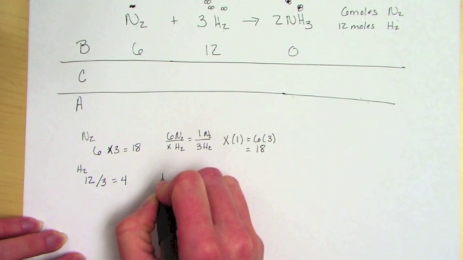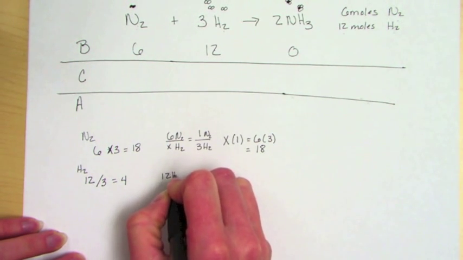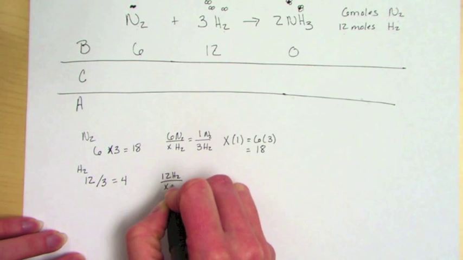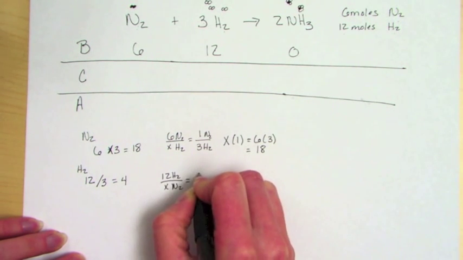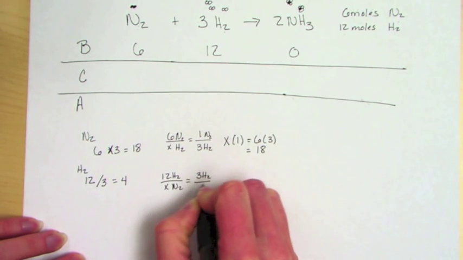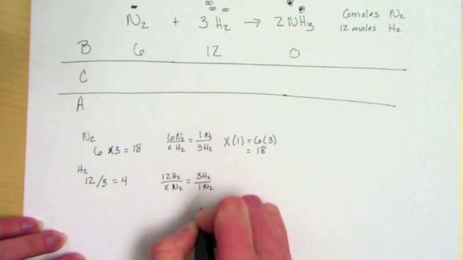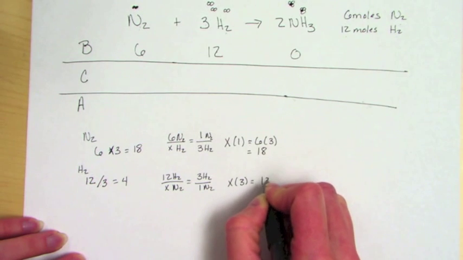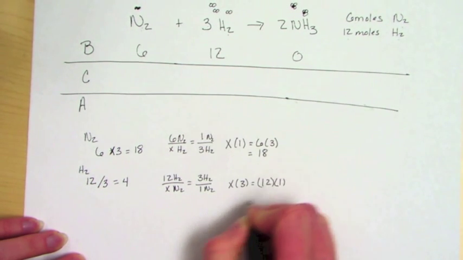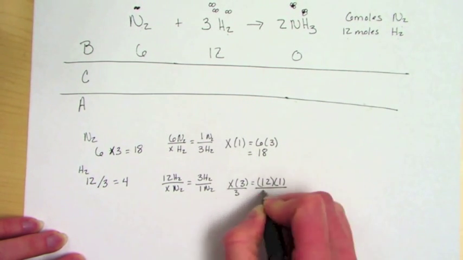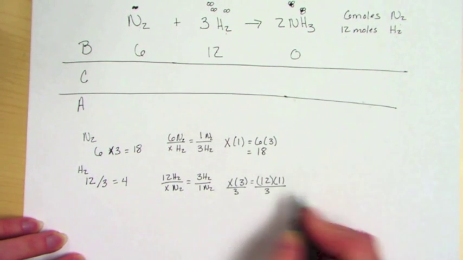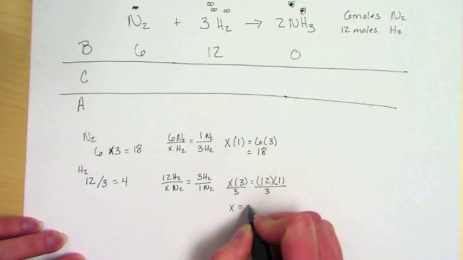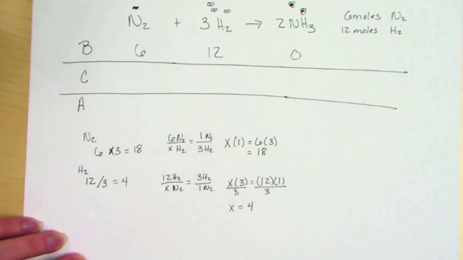Here we have 12 moles of hydrogen over X moles of nitrogen equals 3 moles of hydrogen over 1 mole of nitrogen. If we do our crisscross, we have X times 3 equals 12 times 1, divide both sides by 3, and we end up with X equaling 4.